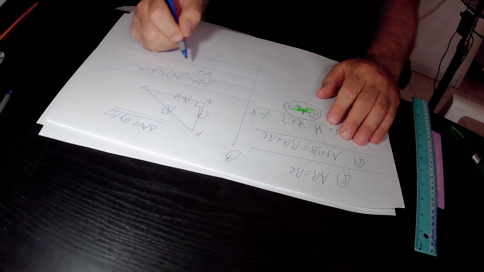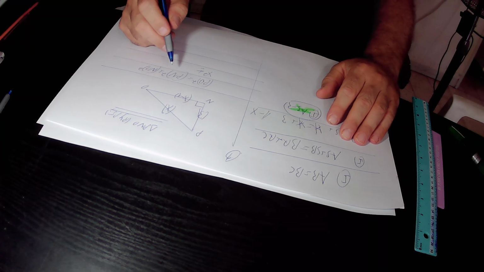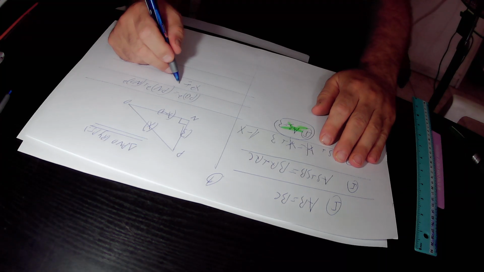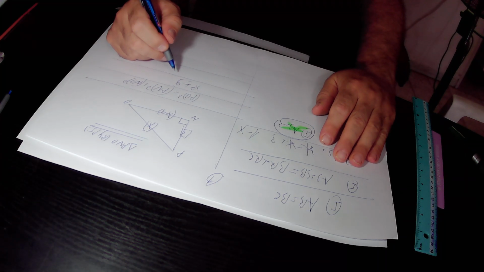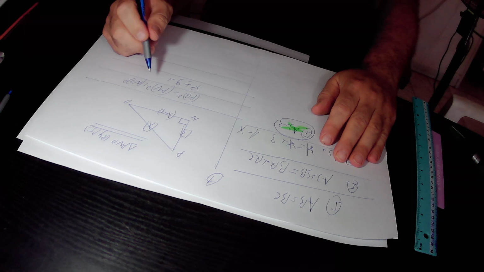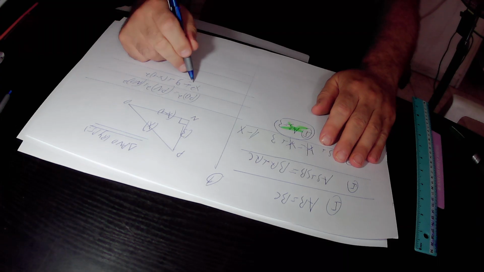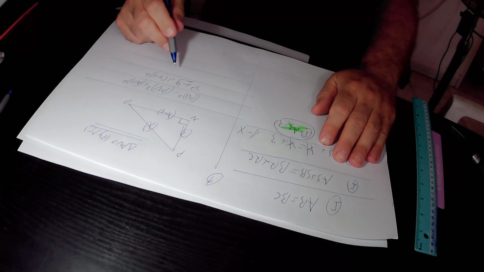X squared equals PN squared. PN is 3, therefore PN squared is 3 squared, that is 9. Plus NO squared. NO is X minus 1, therefore NO squared is (X minus 1) squared. So in total we find that X squared equals 9 plus (X minus 1) squared.